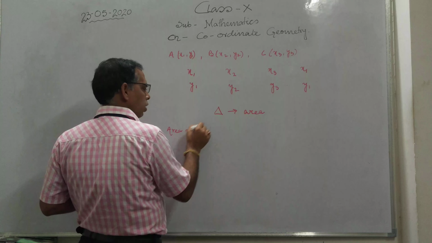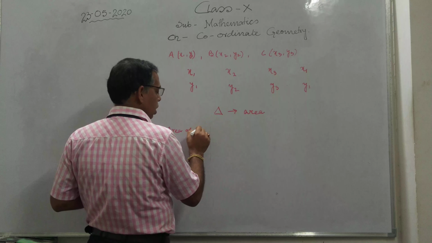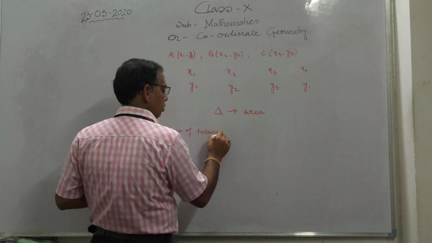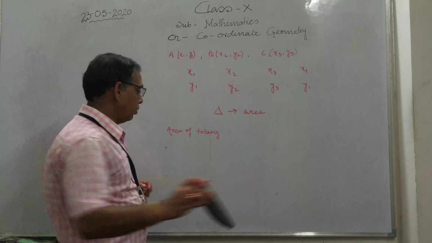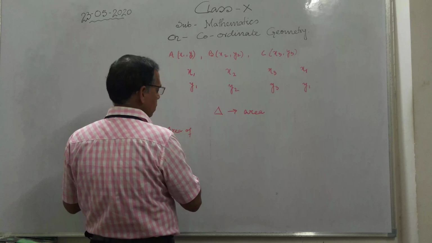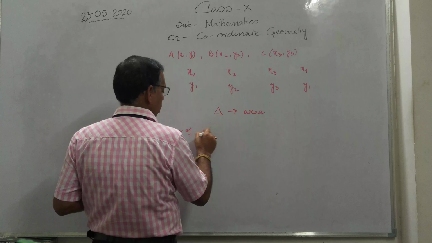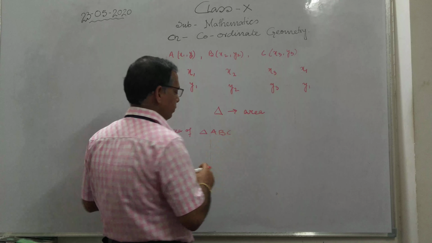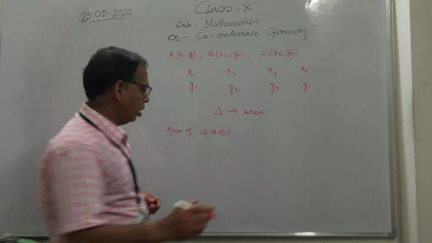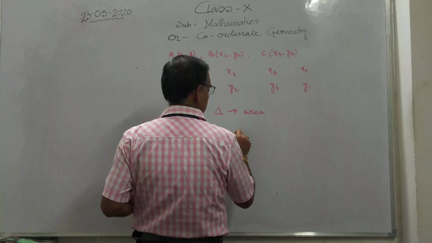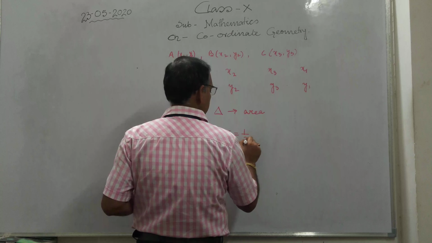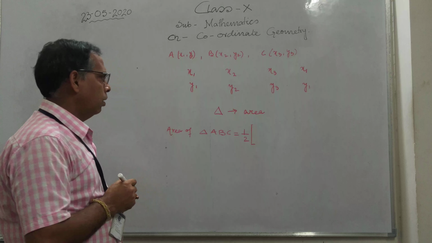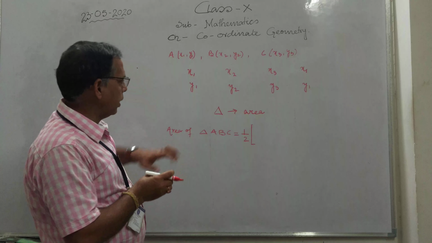So here we'll write the full form, area of triangle, but you can use delta also. Or, because ABC is given, you can name it area of triangle ABC, equal to what? This is the most important part, remember. Here, first we take x1.